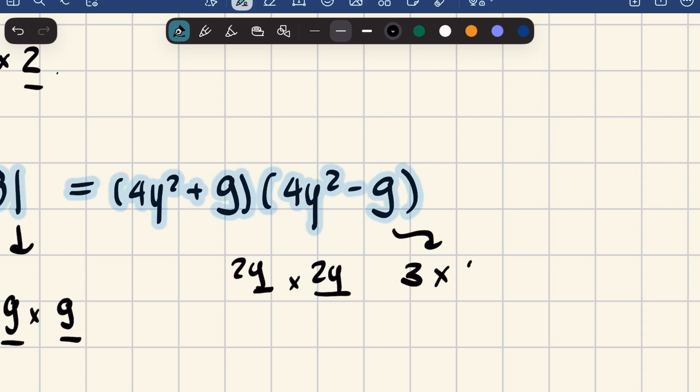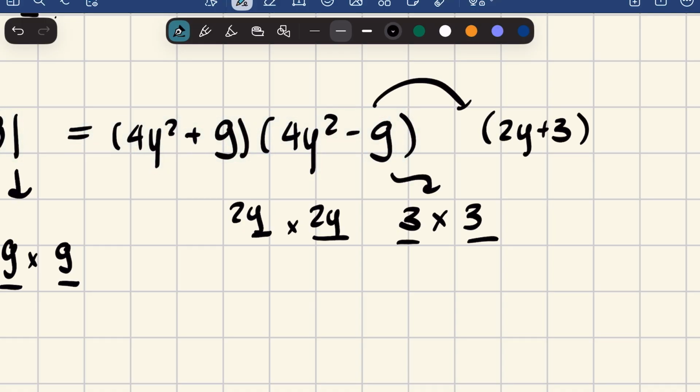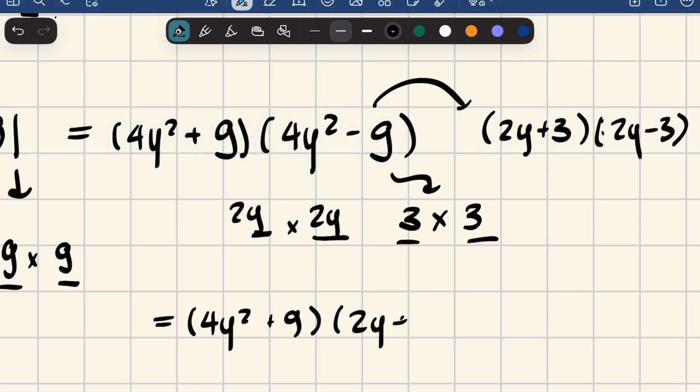We have 3 times 3. So we can rewrite this as 2y plus 3 times 2y minus 3. So our final answer is 4y squared plus 9 times 2y plus 3, 2y minus 3.